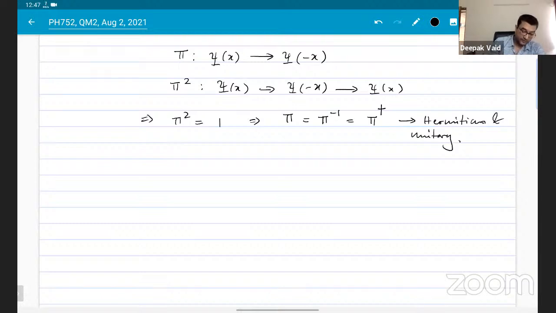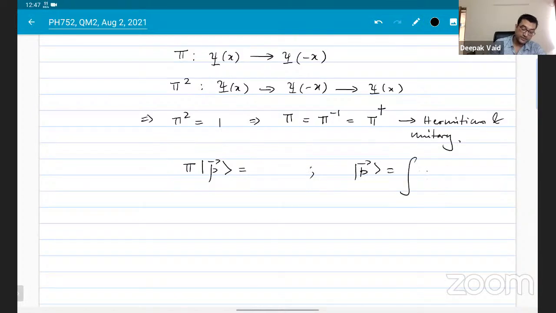Okay. And yeah, I was wrong about the action of parity on momentum. No, that was fine. Parity on momentum. If you ask what is the action of parity on a momentum eigenstate, what will be the action? Well, how do you write a momentum eigenstate?